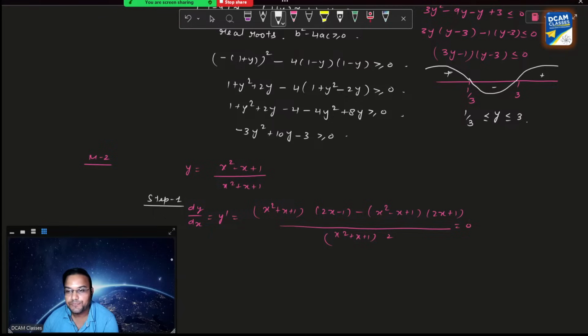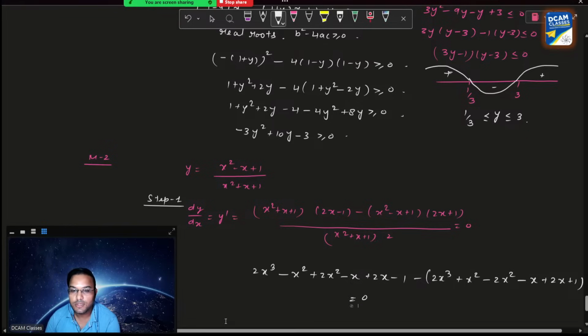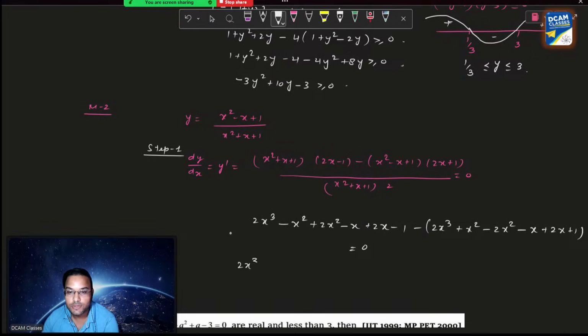Now it will be, this is becoming somewhat difficult. 2x cube minus x square plus 2x square minus x plus 2x minus 1 minus 2x cube plus x square minus 2x square minus x plus 2x plus 1 equal to 0. Now if you see, it will be 2x cube minus x. Acha, let me simplify it then.